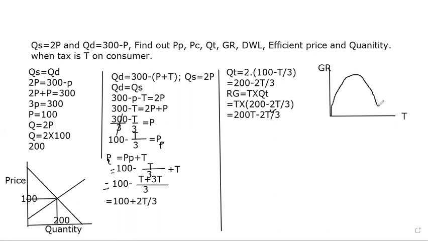That's why this line indicates that. To increase our government revenue, we should stay in between the two. We should not increase tax highly, and we should not impose tax too low for the purpose of increasing government revenue.